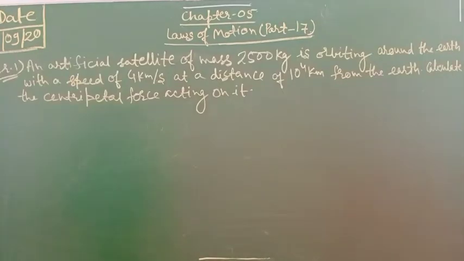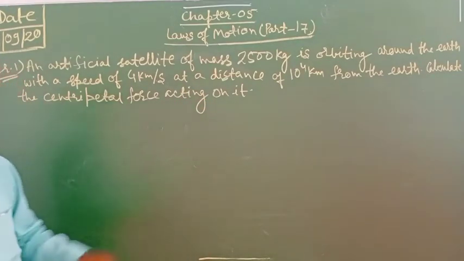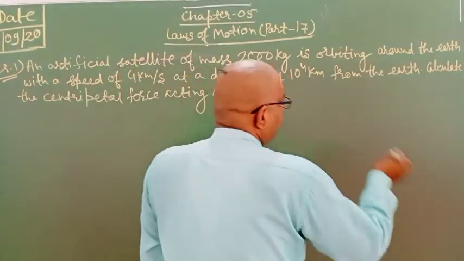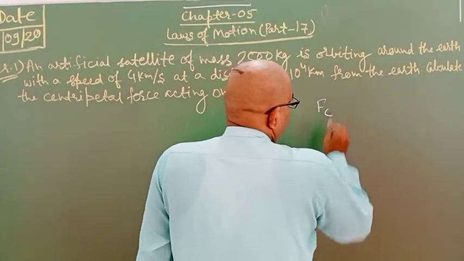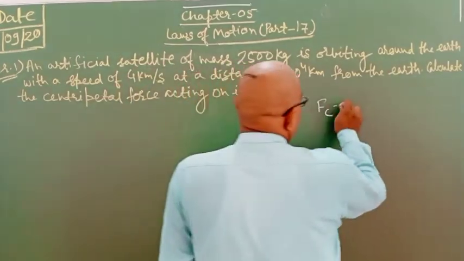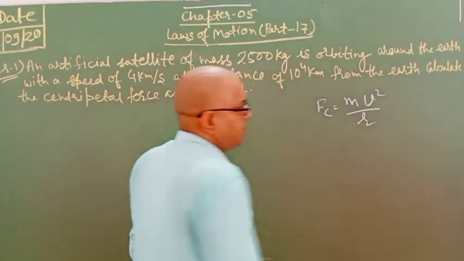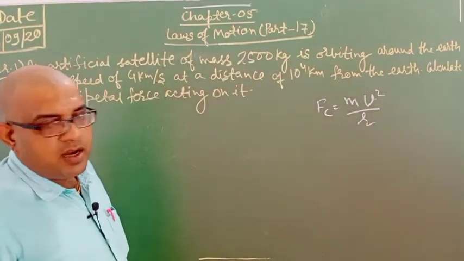Now dear students, look at this numerical. But before discussing this numerical, one thing I want to mention. As we have studied, the centripetal force is mv square upon r.